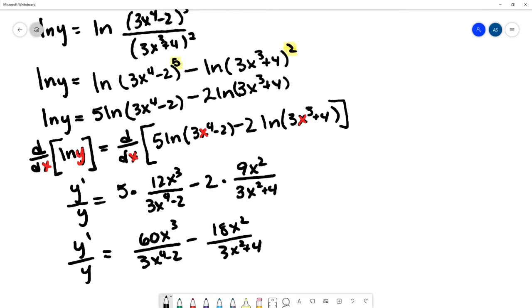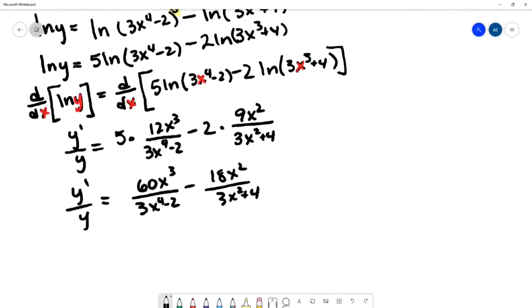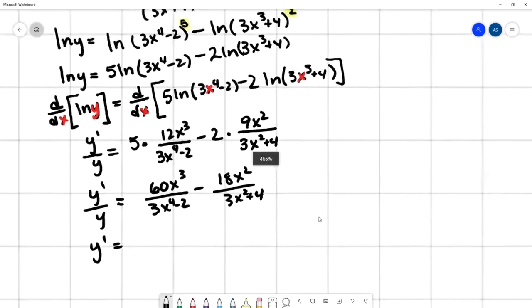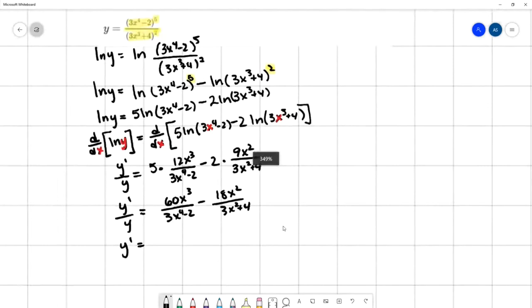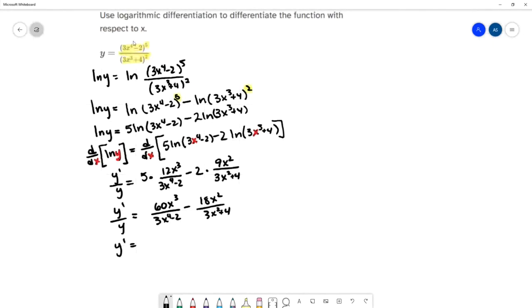And then we would solve for y prime by multiplying by y on both sides. And remember, y is what was given in the original equation. So we're able to substitute in for y this original equation here. So it's going to be (3x to the fourth minus 2) to the fifth over (3x cubed plus 4) squared times what we have on the right-hand side here.